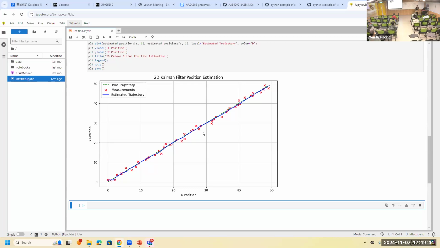It is called measurement update. Update means it tries to decrease the uncertainty. The next step is the update. It tries to mitigate or reduce the uncertainty of your state estimation.